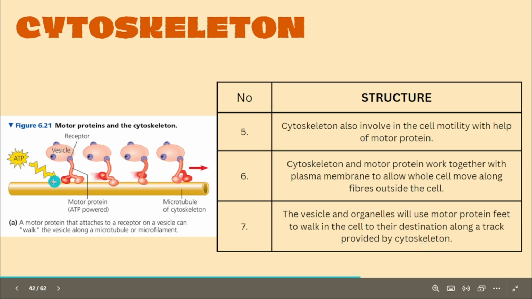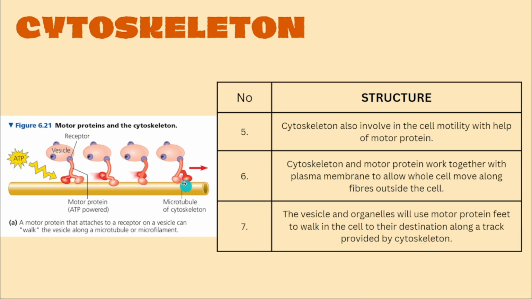You can see this motor protein is like walking. You can imagine the motor protein is one human who carries things on their shoulder, and then they walk along the microtubule.